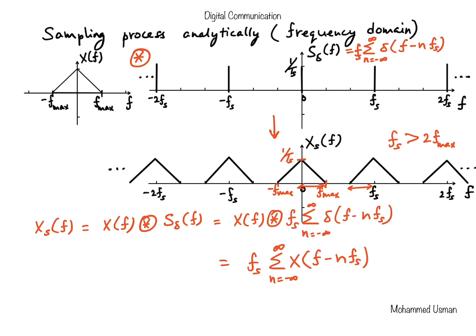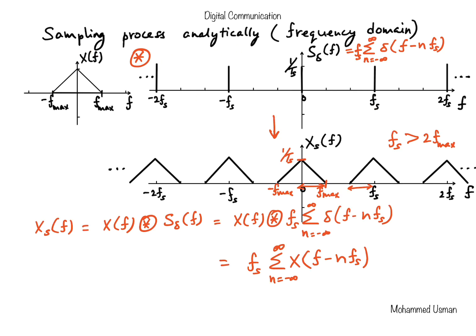And multiplication in the time domain corresponds to convolution in the frequency domain, from the properties of the Fourier transform. So multiplying the signal with the impulse train in the time domain corresponds to convolving the spectrum of the signal and the spectrum of the sampling function.